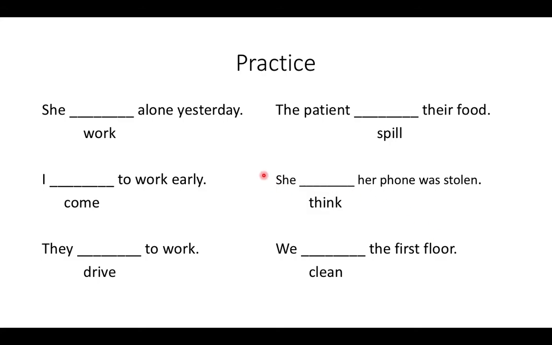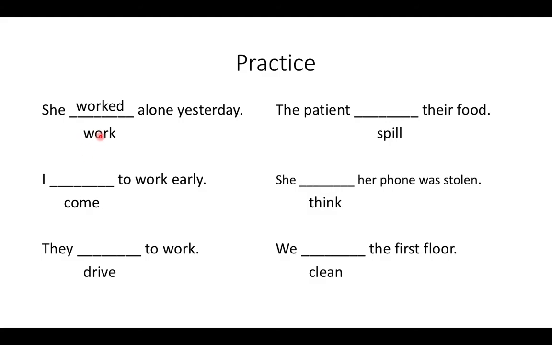So we have, she worked alone yesterday, and the verb that we're going to use is work. This is the present tense. So to make this one past tense, we just add an ed. This one, work, is a regular verb. She worked alone yesterday. So this one is past tense.